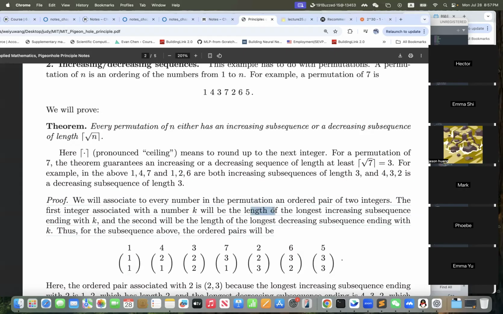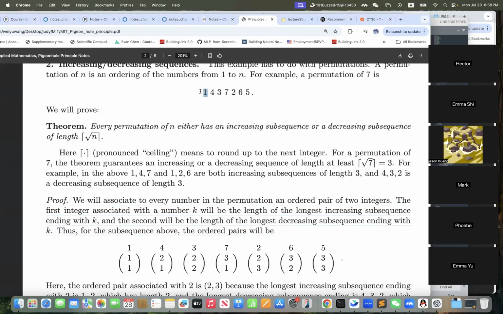It's the length of the longest increasing subsequence ending with k, or in this case, ending with 1. Because 1 is already the first number, if you end with 1, you can only be 1. So the length of the longest increasing subsequence is of course 1. 1 itself is a subsequence, and it's of course increasing because it only contains one number.